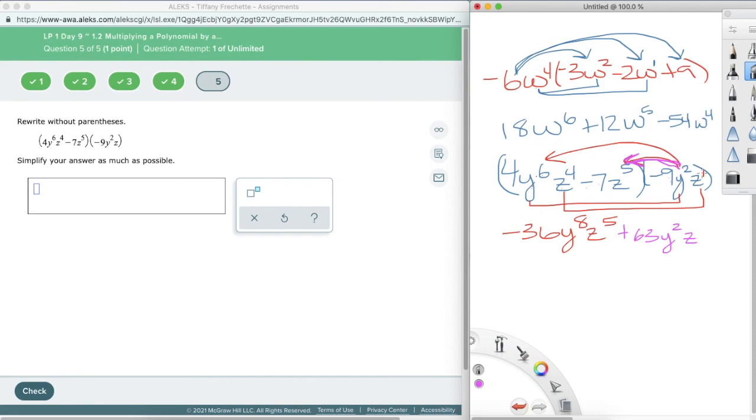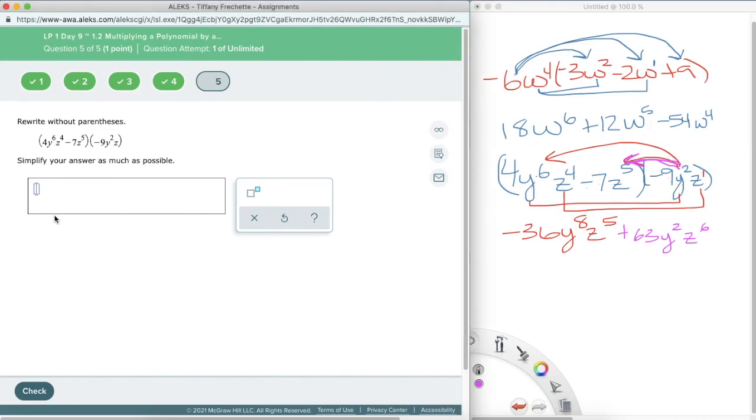So that's going to be to the 6th power. So just make sure, first multiply the coefficients, then match up the bases for the exponents there so that you can combine them correctly. Negative 36 y to the 8th z to the 5th plus 63 y squared and z to the 6th power.